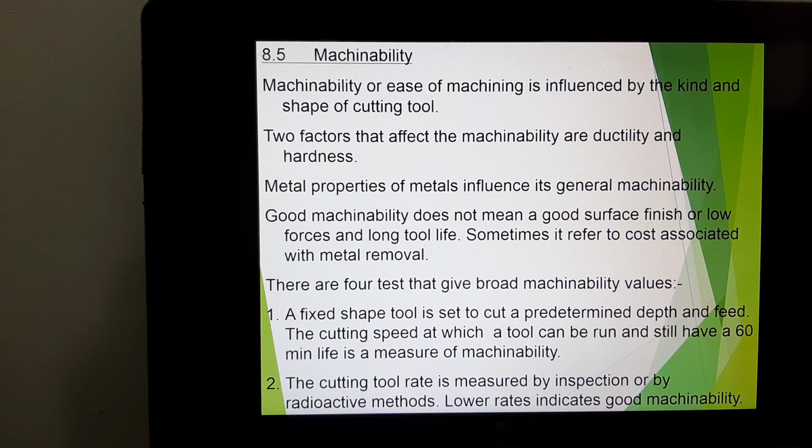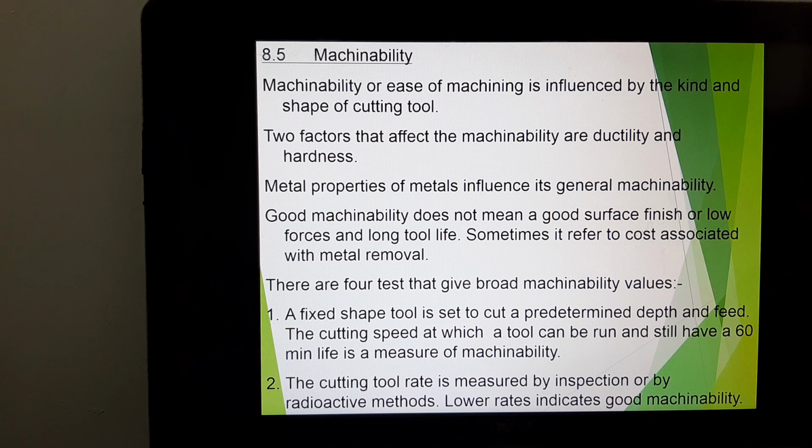Number 3, upon machining, what was the cost involved in the entire production? You may have an excellent surface finish with excellent tool life, but if the cost is extremely high, would you consider that a good machinability? No. So a good machinability would involve low cost, and the 4th factor would be the power consumed. Upon machining, is the power consumption to produce that one product low or high? If the power consumption is relatively low, then we would consider it a good machinability.